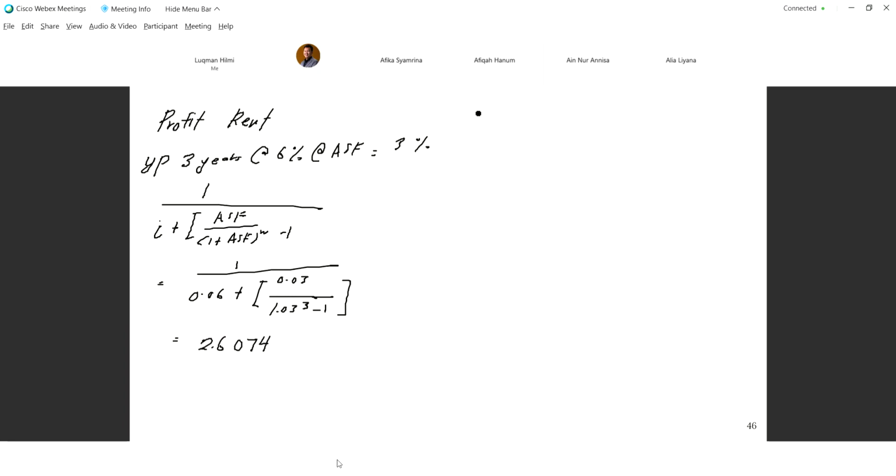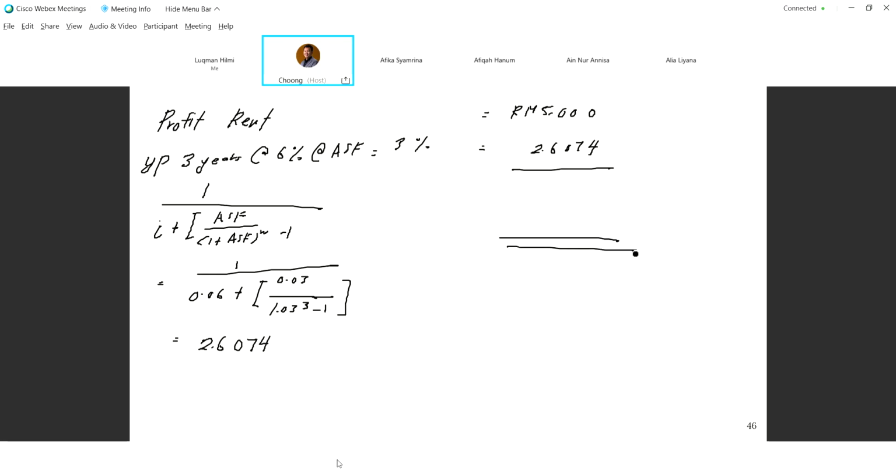So profit rent just now is 5,000. This one here, 2.6074.